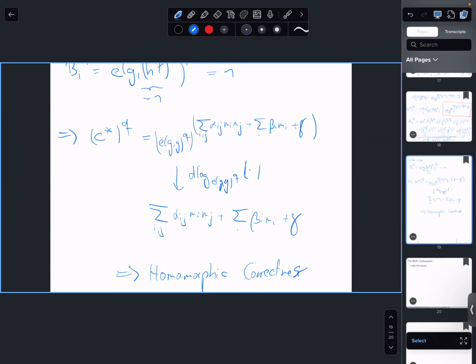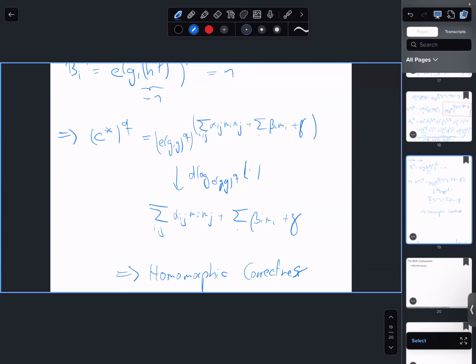So we don't just require that the m_i and m_j are small, but also that these coefficients alpha_ij, beta_i, and gamma are small. So if you know ahead of time that the alpha_ij are small, that the beta... yes? Can you give some bounds on small? Like how small are we talking? Polynomially large. I mean, as soon as you can efficiently enumerate all the resulting values, right?